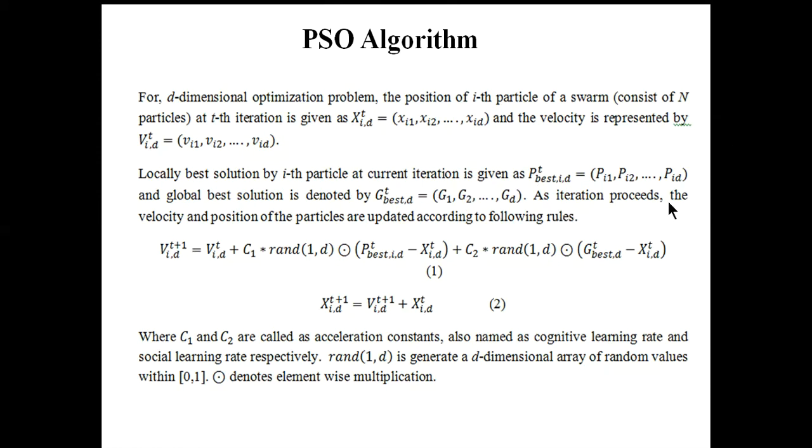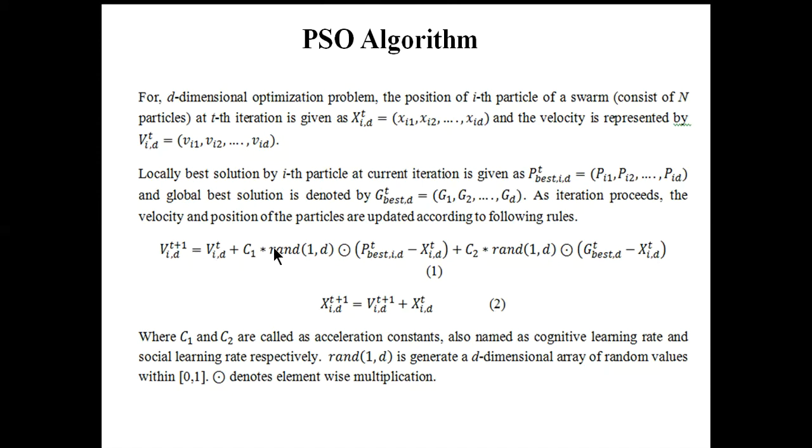Okay, as the iteration process goes on, the velocity and the position of the particle will be updated, and it follows a rule. What is that rule? The velocity will be updated first. So v_id^(t+1), at iteration t+1, the value of velocity will be the previous value v_id^t plus c1 times rand_1,d multiplied by (p_id^t minus x_id^t) plus c2 multiplied by rand_2,d multiplied by (g_d^t minus x_id^t).